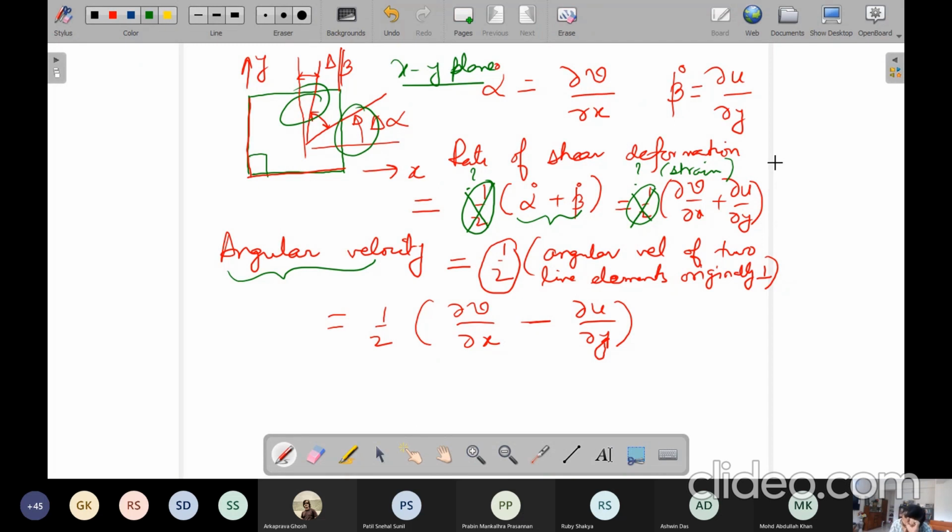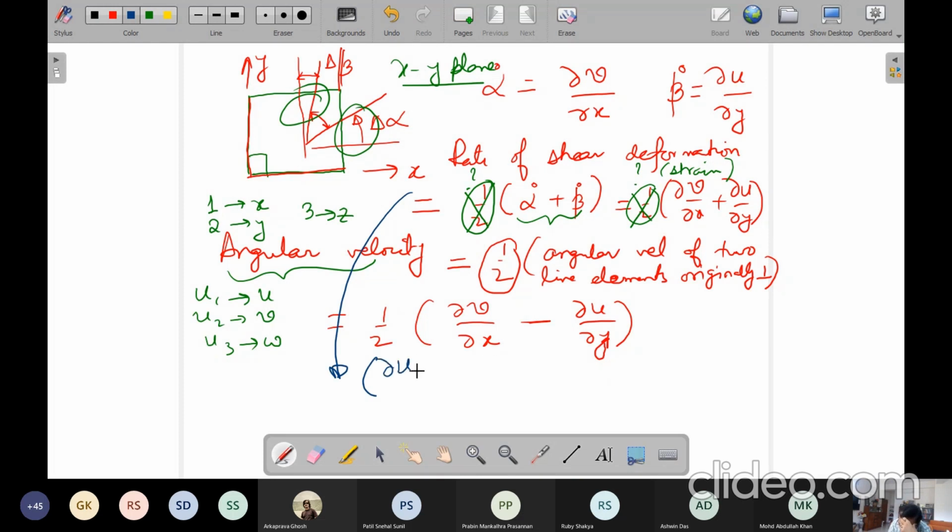So now, if we give certain indices, say 1 for X, 2 for Y, and 3 for Z, and U1 means U, U2 means V, and U3 means W, then we are able to write this particular expression.